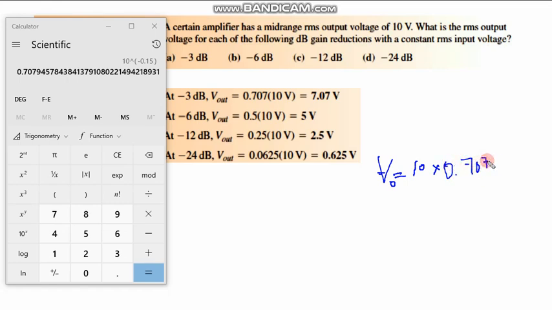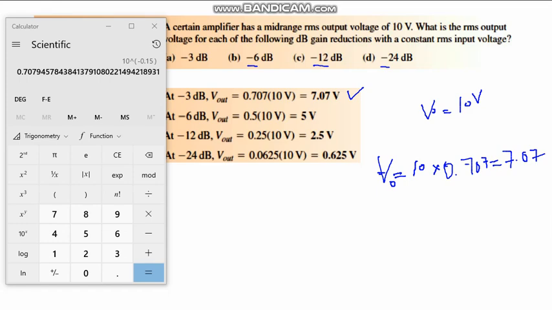So it comes out to be 7.07. So the output voltage, which was initially equal to 10 volts, is now reduced to about 7 volts. So similarly, you can repeat the same procedure for 6 dBs, for minus 12 dBs, and minus 24 dBs.